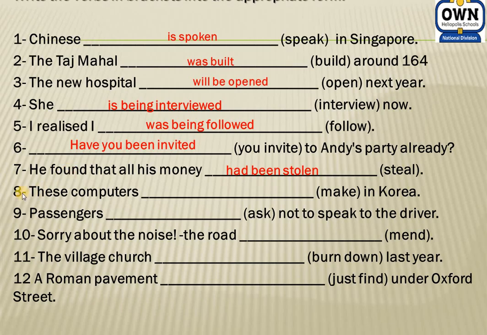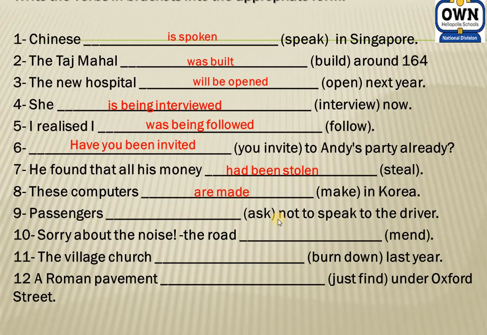Number 8. These computers make in Korea. It's a fact. These computers are made in Korea. Are made in Korea because it is in the present simple. Number 9. Passengers ask not to speak to the driver.